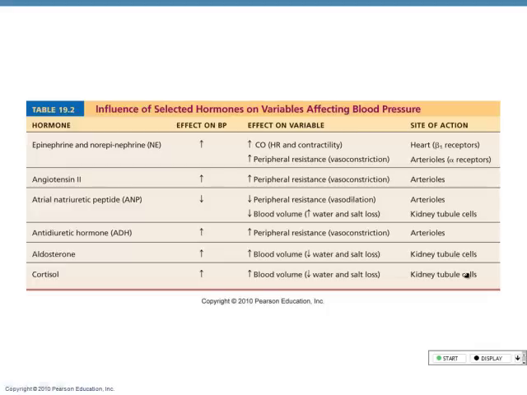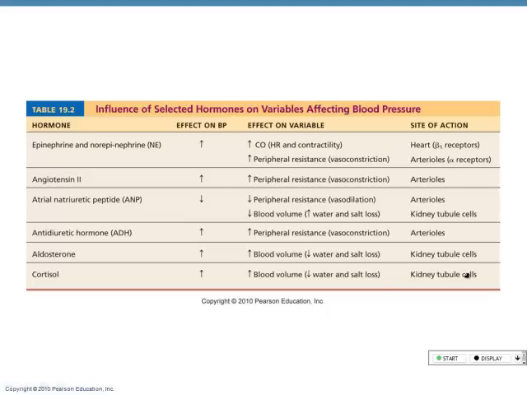So a real quick way that I can also affect blood pressure in the system is to have the kidneys help me. And again, we'll talk about these in more detail when we talk about the renal system, but the renal system is also a very important part of maintaining proper blood pressure.